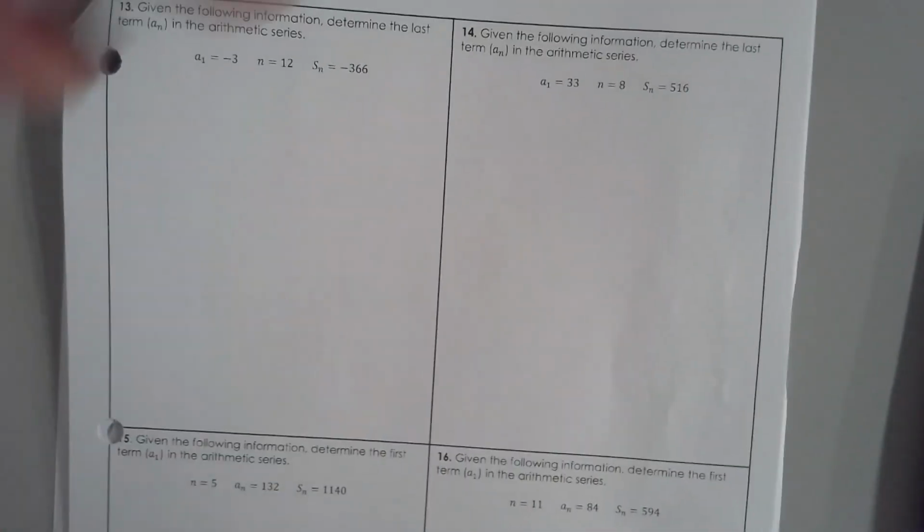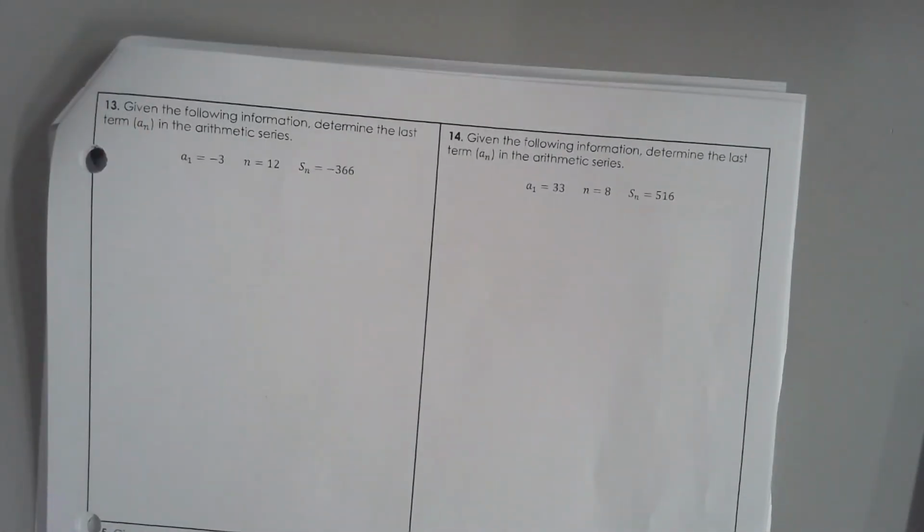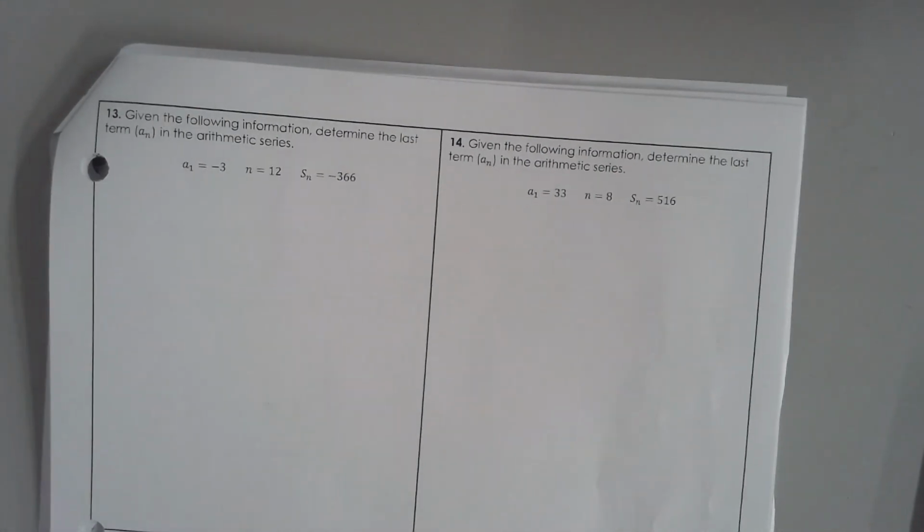Alright, now the last type of question you will see, instead of finding N, you find A1 or AN. Mathematically, like the calculations, order of operations tend to confuse people a little bit more, but it's the same process.